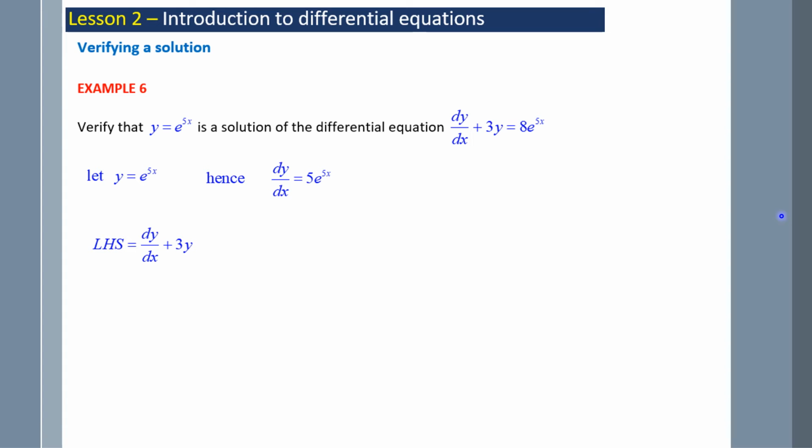On the left-hand side, we have dy/dx plus 3y. Now dy/dx we know as being 5e to the 5x, and y is e to the 5x. So by substituting those in, we have 5e to the 5x plus 3 lots of e to the 5x. Hence we have 8e to the 5x, which equals my right-hand side. Hence we have verified that it is the solution.